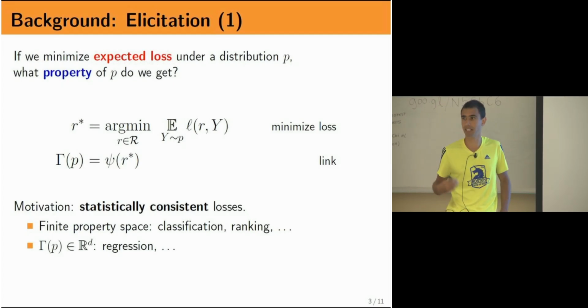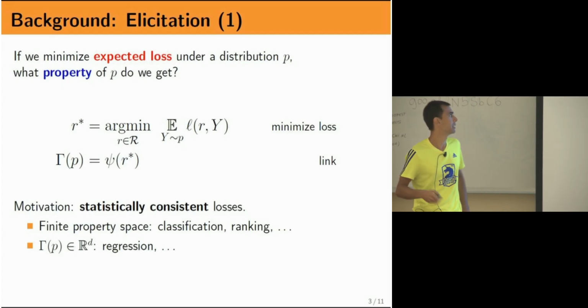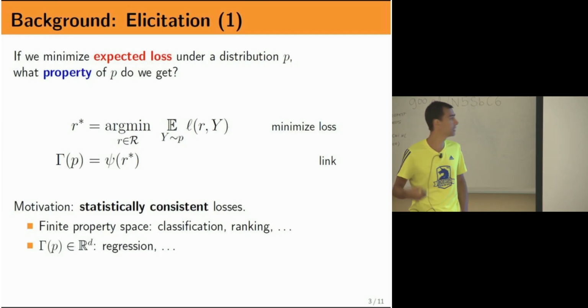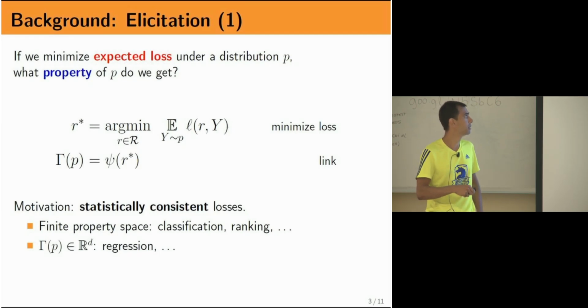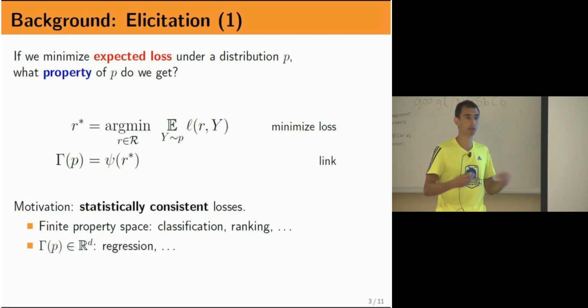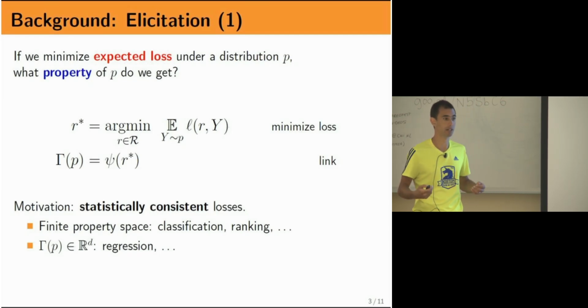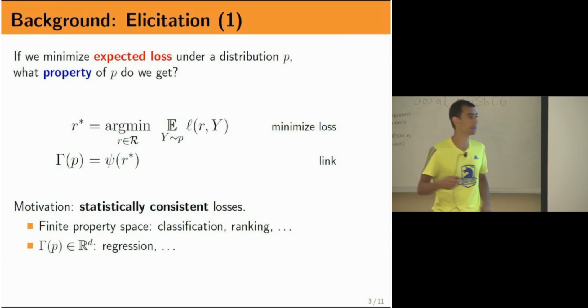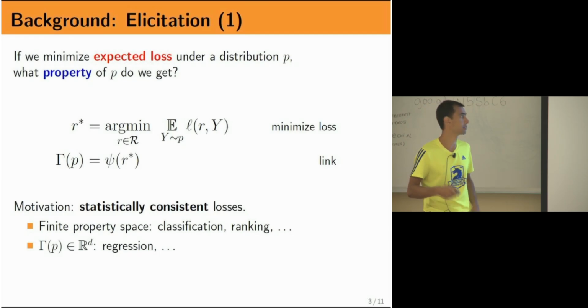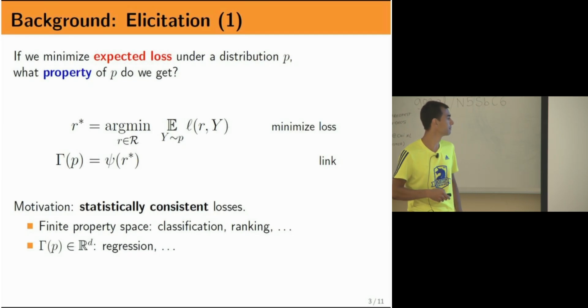Just as one example, let's say that you care about 0-1 loss, but in your setting it's hard to compute, to minimize. You might like to know the space of all losses that also elicit the same property as 0-1 loss, because then maybe you can use one of those as a surrogate. So it's nice to understand that space and be able to know the characteristics of different losses that do that.